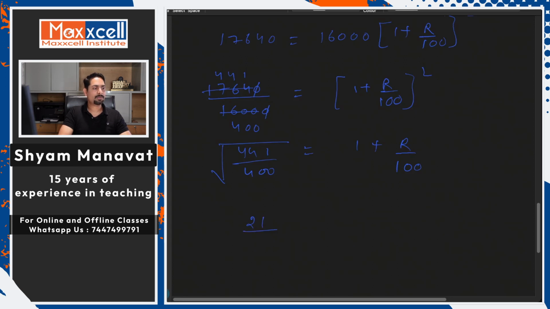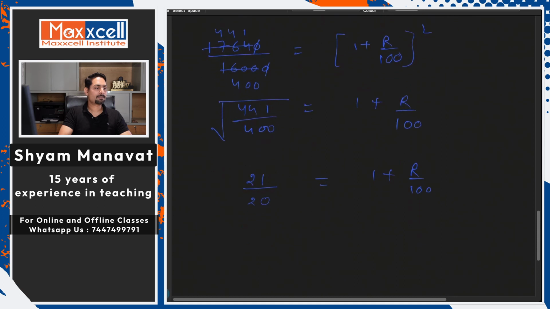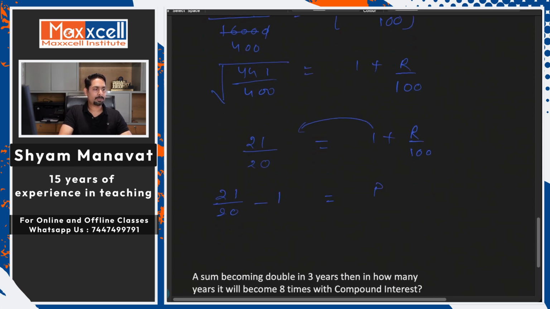What is the square root of 400? 20 square is 400, so 20 here, equal to 1 plus r by 100. You can deduct it further, although I suggest take 1 here because we need to find out r. So you get 21 by 20 minus 1.